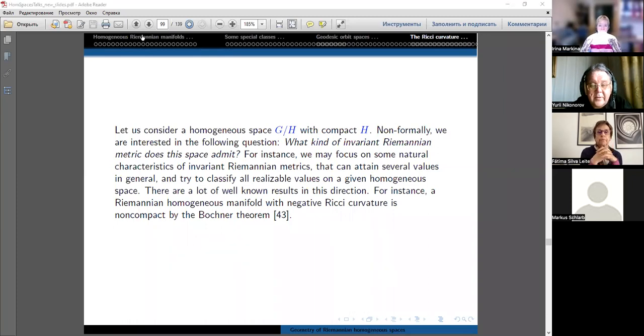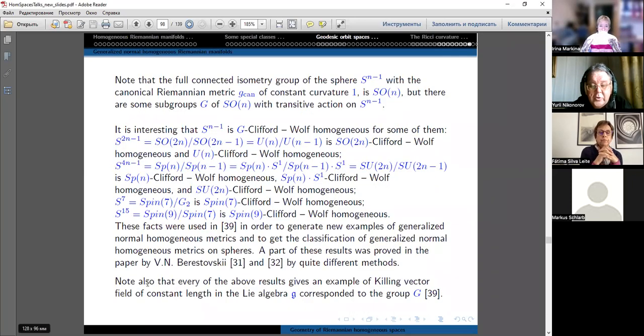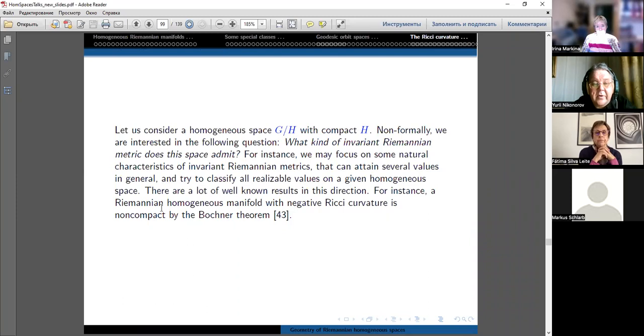Note also that each of the above results gives an example of a Killing vector field of constant length in the algebra corresponding to the group G. It's very strange, but it's a fact. We can generate such an example, a Killing field of constant length, on a given sphere.